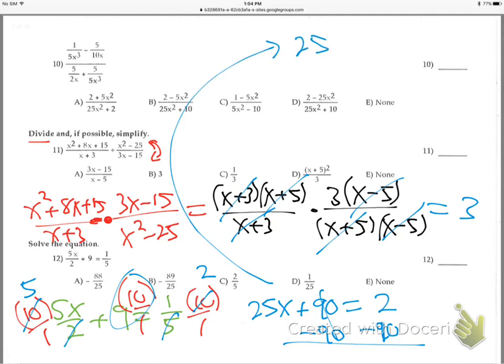So we have 25x is minus 88, right? 2 minus 90. Last step, divide by the 25. There it is. A minus 88 25ths. Good on that one? Okay, if I move on.